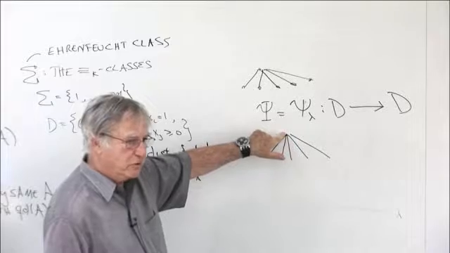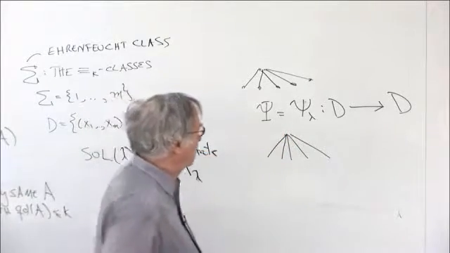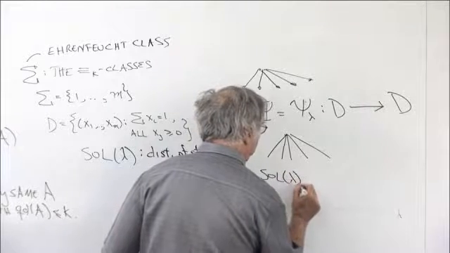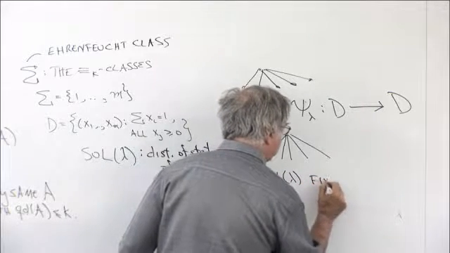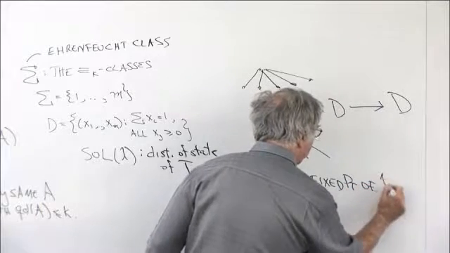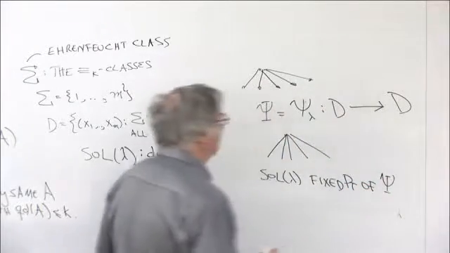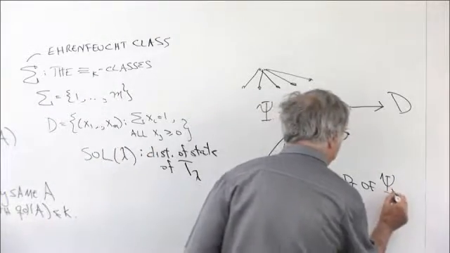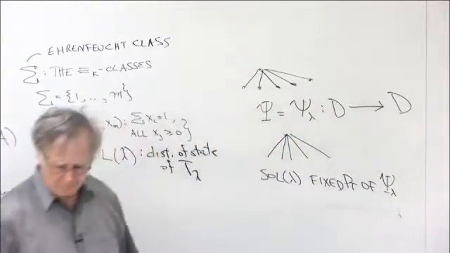It's the distribution for the parent. And what happens is that the solution is the fixed point of psi. Again, I should write psi sub lambda.